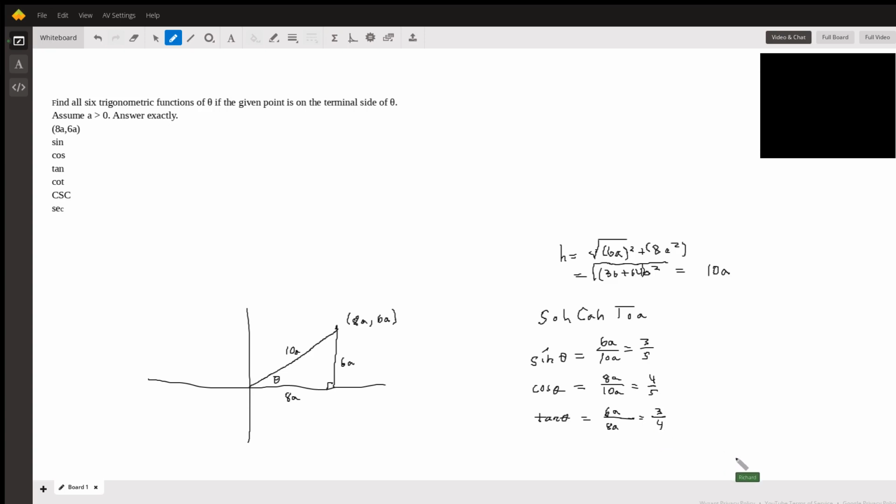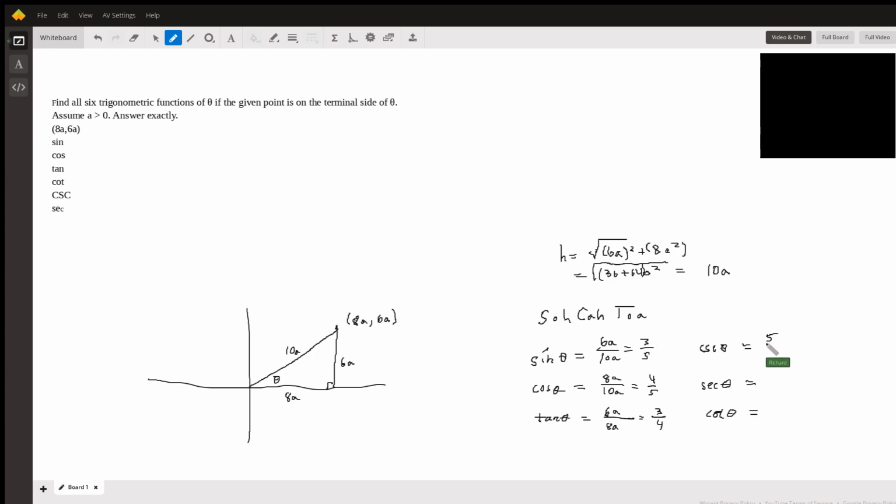So in addition to those three, they want the reciprocals, which is the cosecant, the secant, and the cotangent. So these are called the reciprocal functions because to find the cosecant, we just take the sine and just flip it.